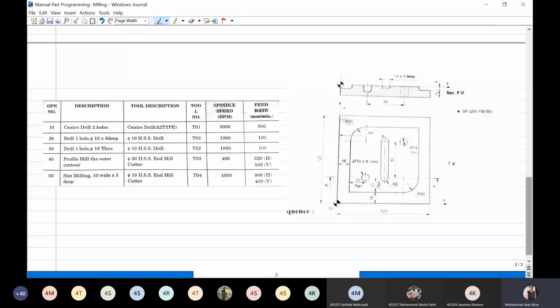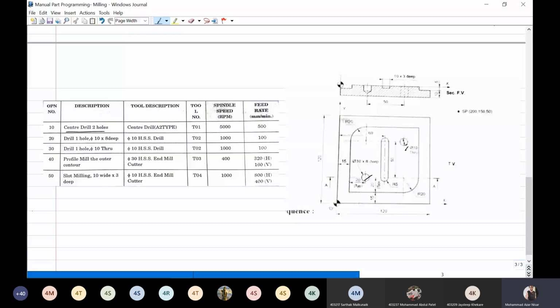So first we see what exactly the operation sequence is. You can see a plate is there, and over that plate another profile is there. In this operation sequence, in this step form, the first operation they have given you is a center drill. 2 holes are there, so this hole and this hole.